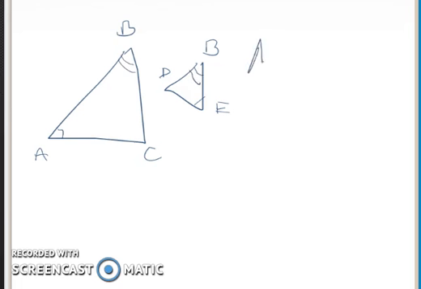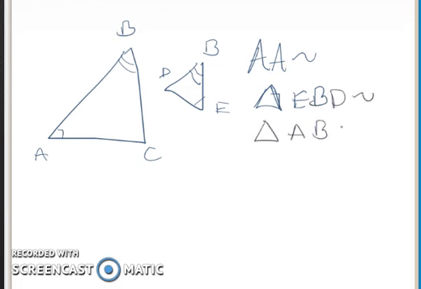So we do know these triangles are similar by angle similarity. The triangle that matches is going to be E matching EBD. So E matches with A, B matches with B, and C matches with D. Okay, that was number 13.